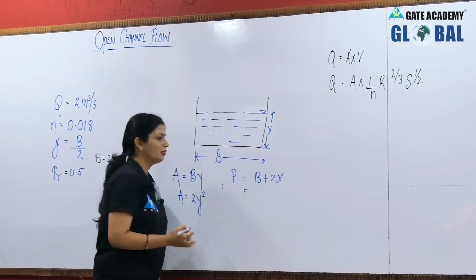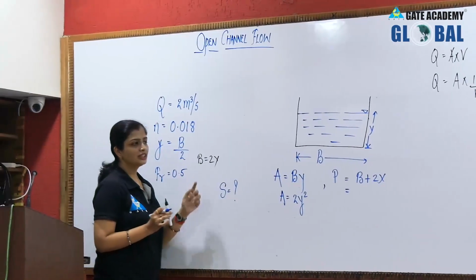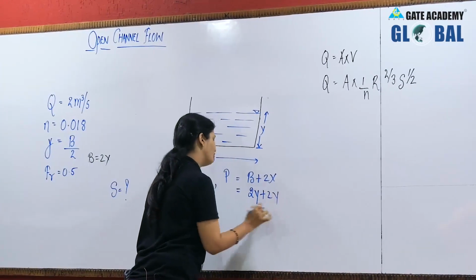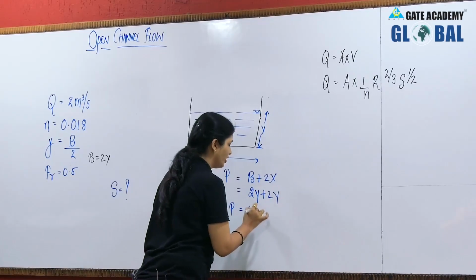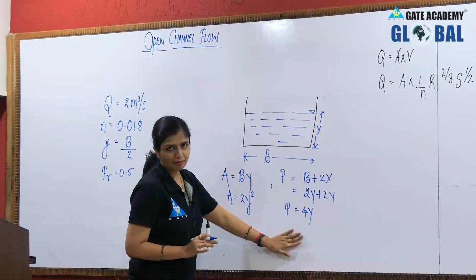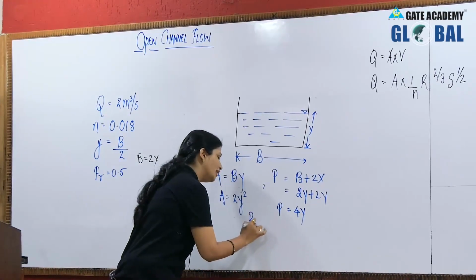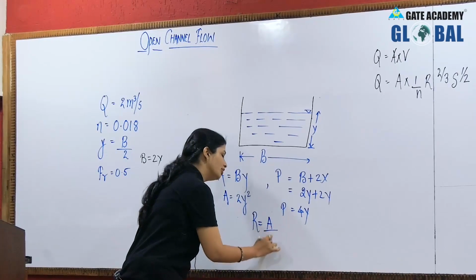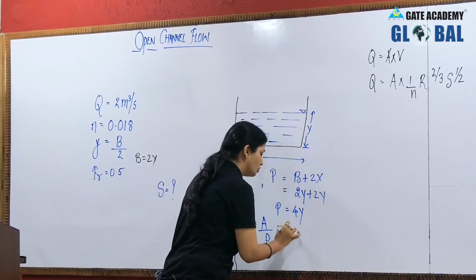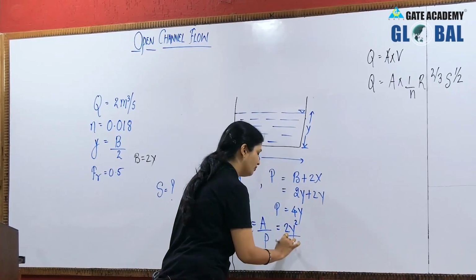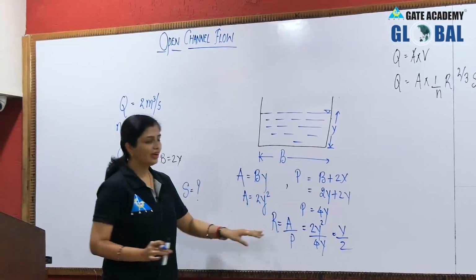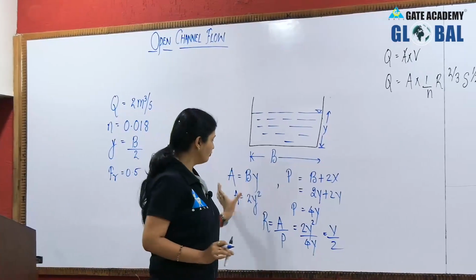B is 2y, so 2y plus 2y will give you the perimeter as 4y. So you got the area and the wetted perimeter. You can calculate the hydraulic radius, which is the wetted area by wetted perimeter, so 2y square by 4y, which is equal to y by 2. So you got the value of R, you got the value of A.